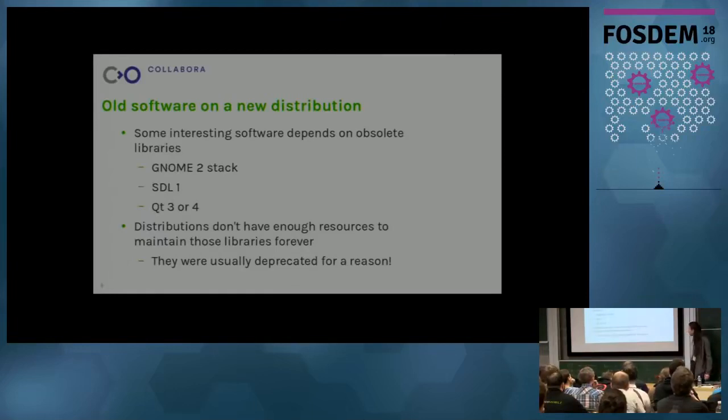And a lot of the time the distros don't really have the resources to maintain them forever. And to be honest, they were deprecated for a reason, right? No one just says this library is obsolete for fun. It's because they found a design flaw and they can't fix it without breaking compatibility.